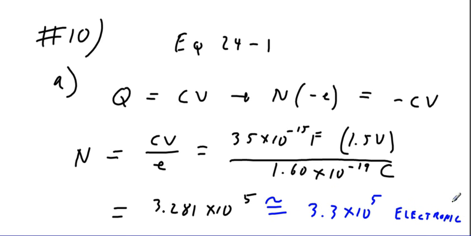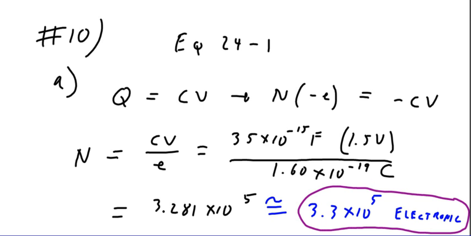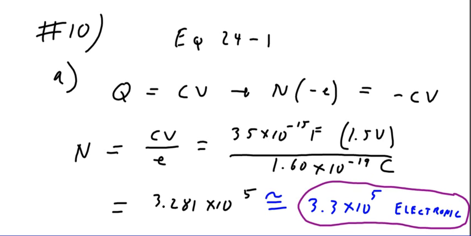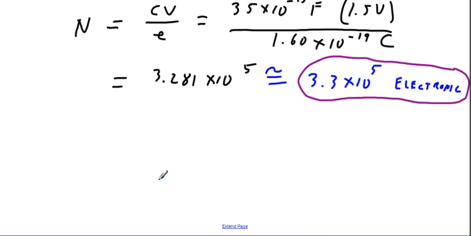So every single memory location, when it is a 1, has 330,000 excess electrons on its negative plate.